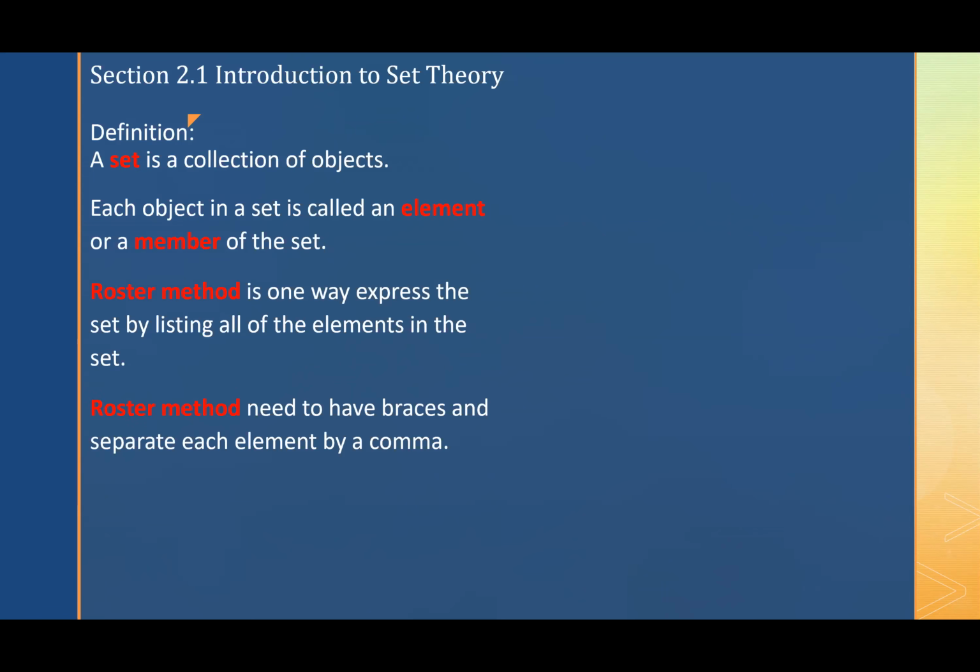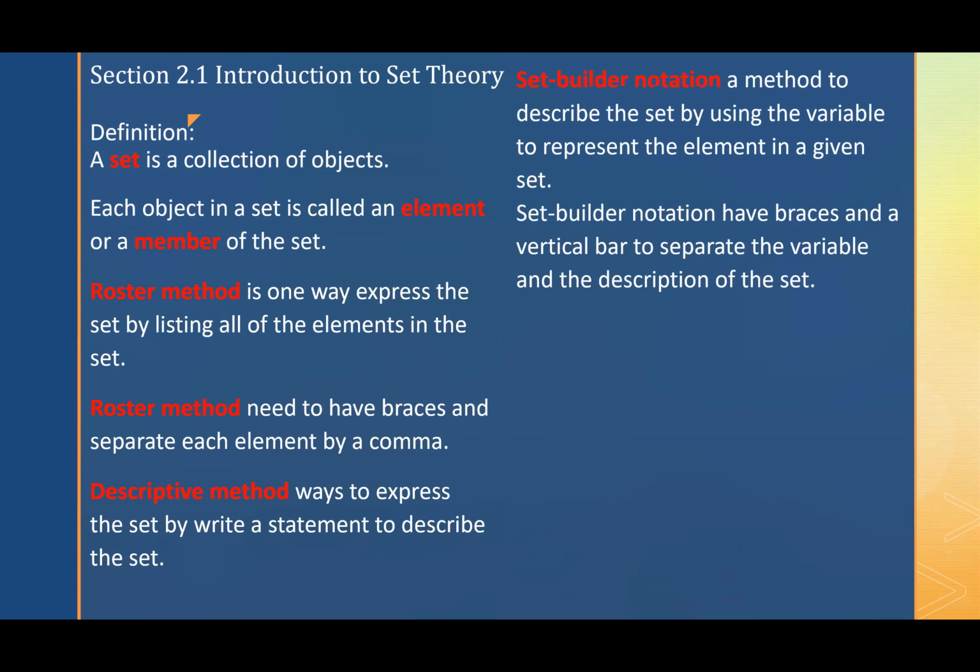Okay, so there are 3 items that you will encounter in chapter 2. One, you have a roster method, which is a list of items that you collect. Two, you have to describe your set. What does your set contain? What are the items?